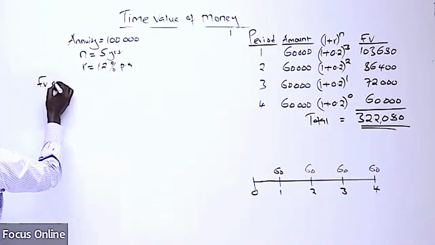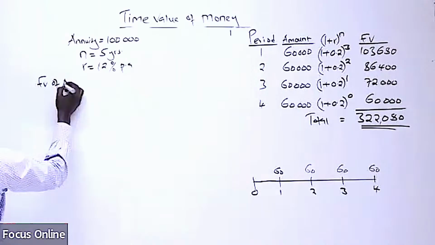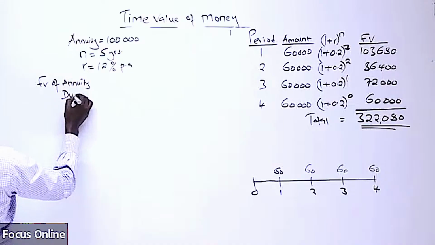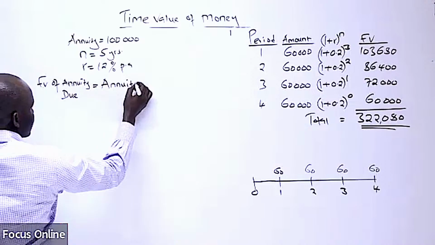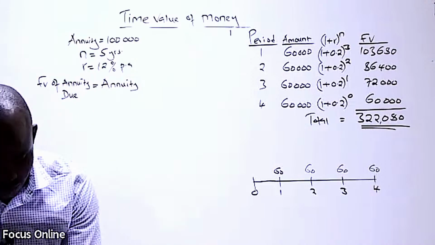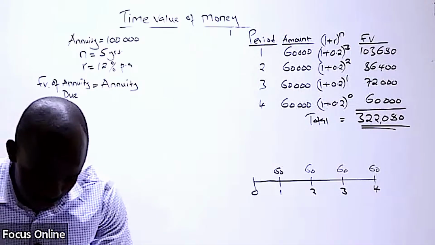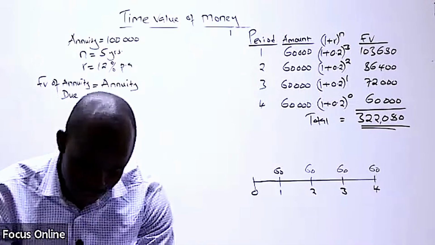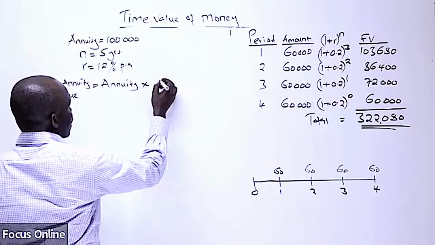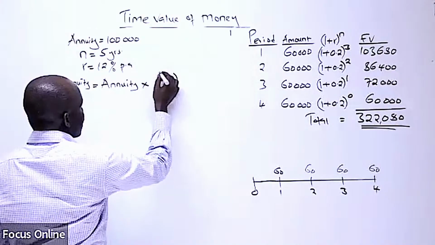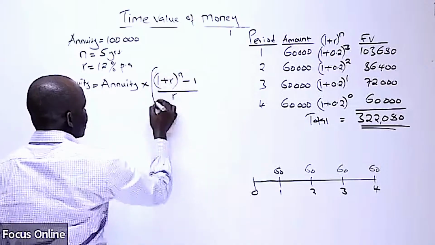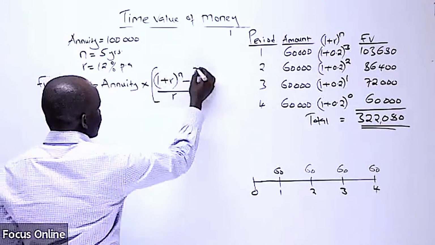So future value of annuity due is equals to the annuity. And you need to be writing these formulas every now and then. Every time you're doing a question, kindly write the formula. Even if you know the formula, just write it. So annuity times 1 plus r power n minus 1 over r times 1 plus r.